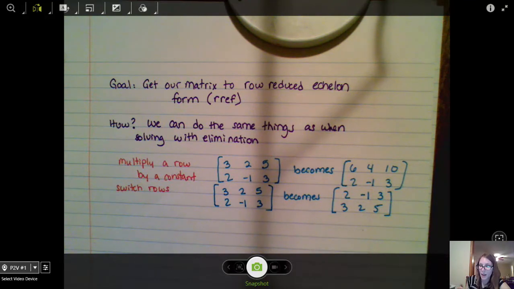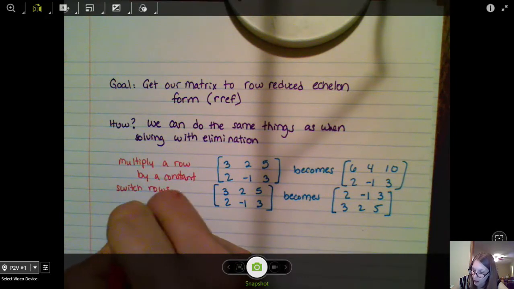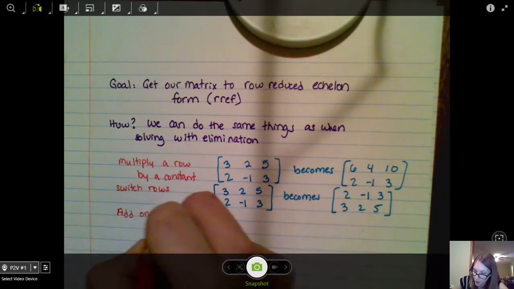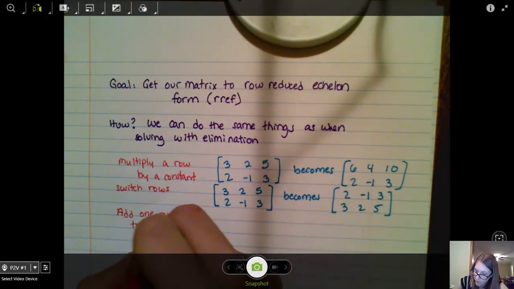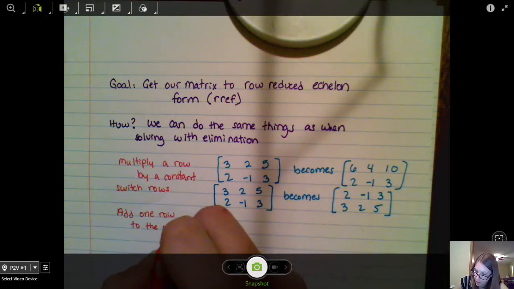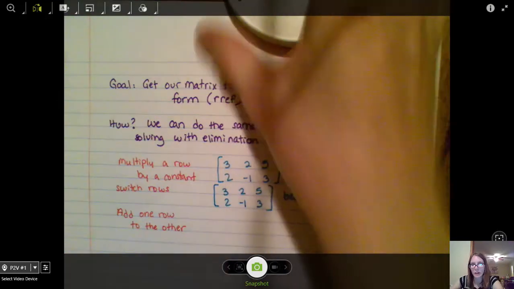And then the last operation that we can do with matrices is to add one row to the other. This one's kind of weird.